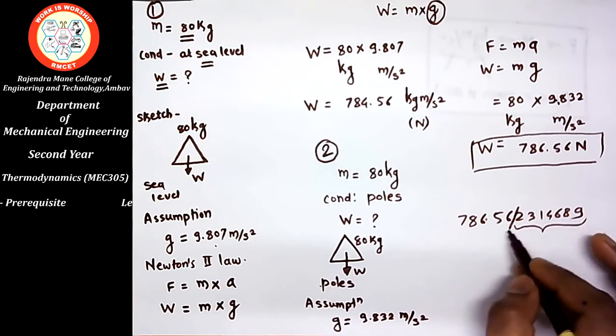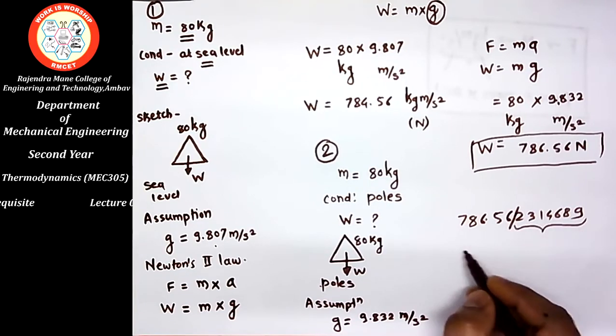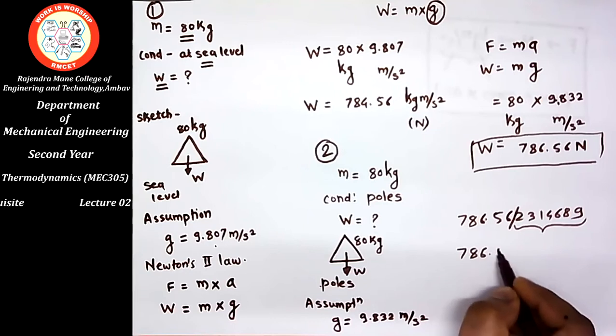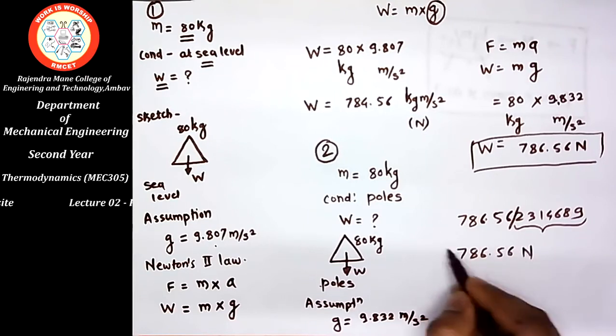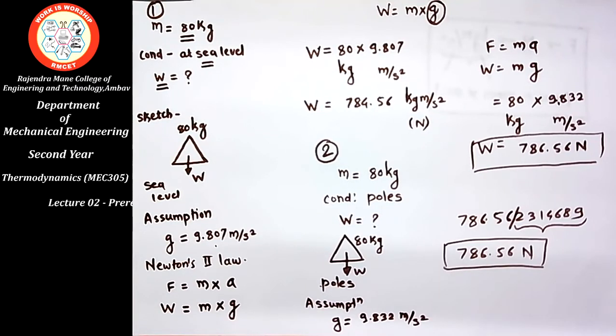We can round the value up to say 2 digits after the decimal, and write the answer as 786.56 Newton. That is very correct in engineering. Approximations should be used in that case. So we have seen numerical 1 and numerical 2, and tried to solve them using our 6 steps which we defined earlier.